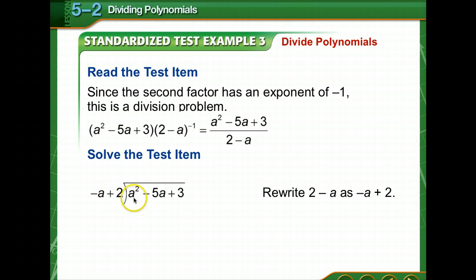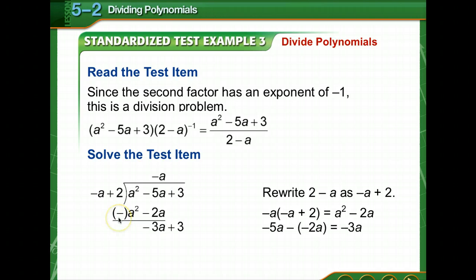So negative a goes into a squared, negative a times. Notice where we're writing that. The a over the a term. Negative a times negative a is a squared. Negative a times 2 is negative 2a. Now we're going to subtract them from each other. So we end up with negative 3a plus 3 because we bring down our next term.